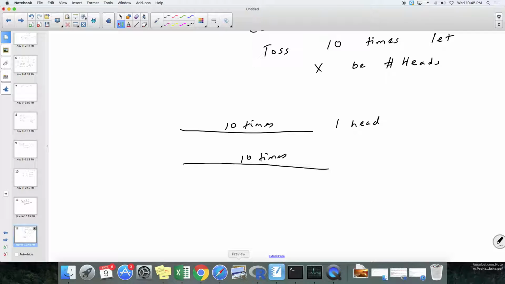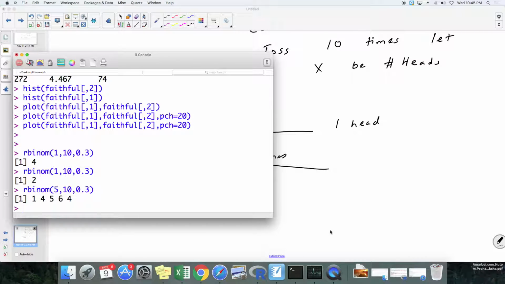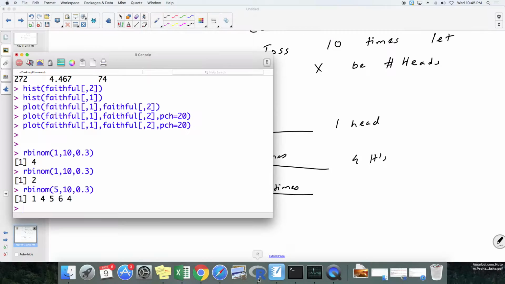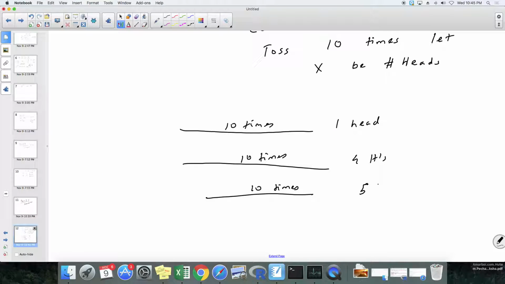I got 4 heads. Again I tossed it 10 times. I got 5 heads. And again I tossed it, I got some number of heads, and again I tossed it, I got some number of heads.